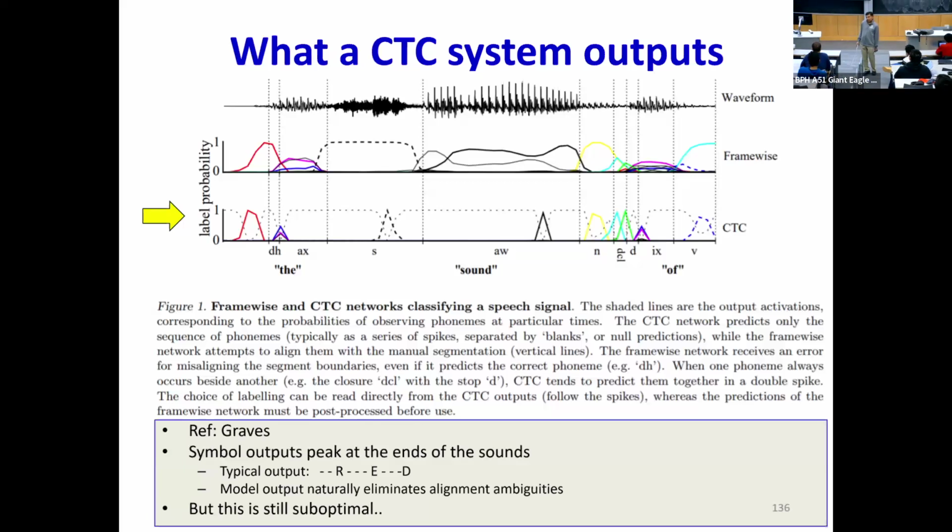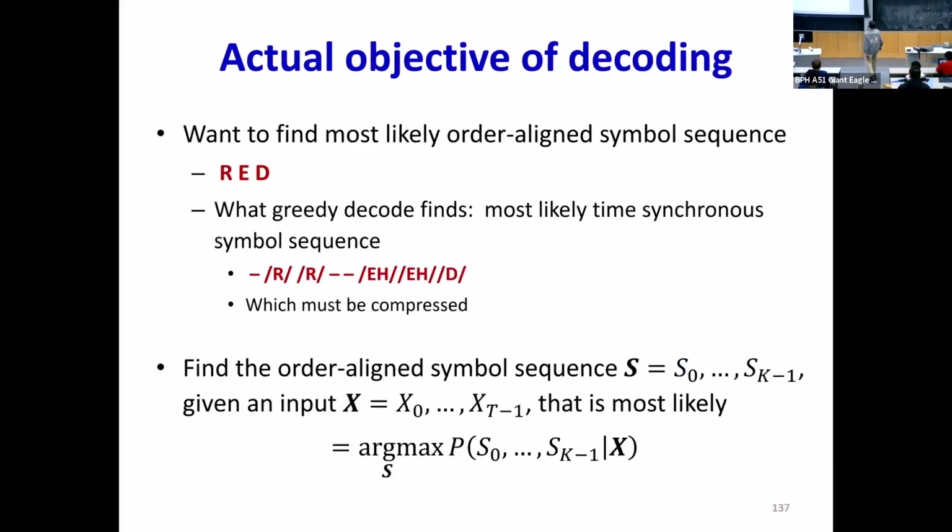So a greedy decode does a pretty darn good job. But our point is, we want to pick the most likely order aligned sequence across all alignments, not just the symbol sequence that had the most likely single alignment.